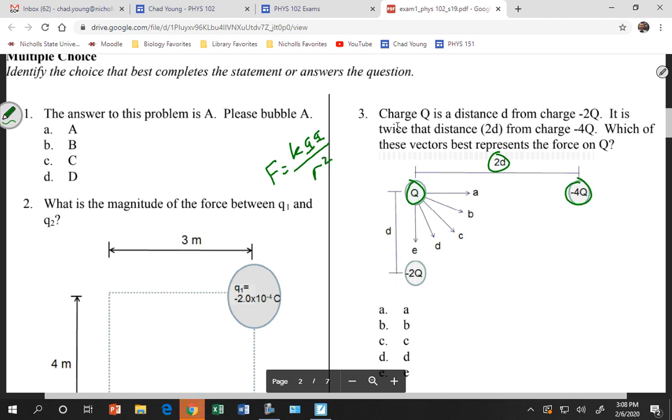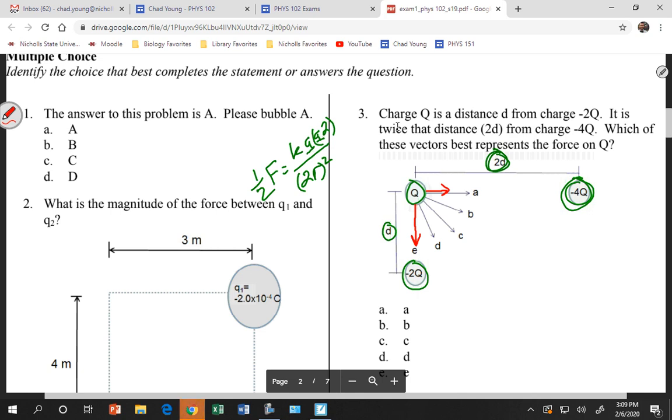Notice that this charge is twice this charge, and this distance is twice this distance. So when I draw that first vector for the minus 4q, I'm going to have twice the charge, twice the distance, so half the force. If I draw my force for that charge in that direction with that size, this one's going to be in that direction with that size.